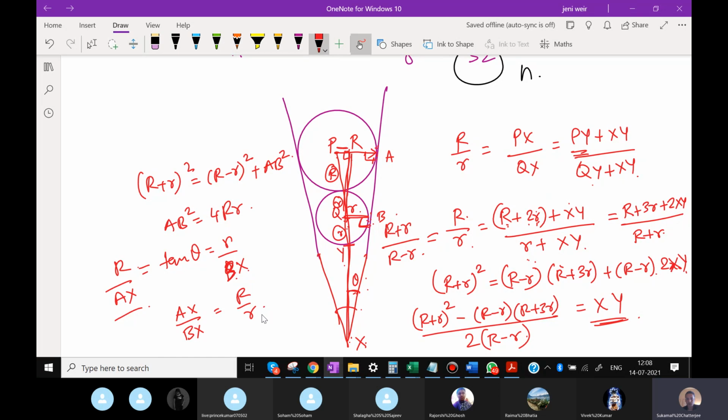And AX is equal to AB plus BX upon BX equals R by r, right? And AB is root over 4R into r. So that means root over 4R into r by BX plus 1 equals R by r.